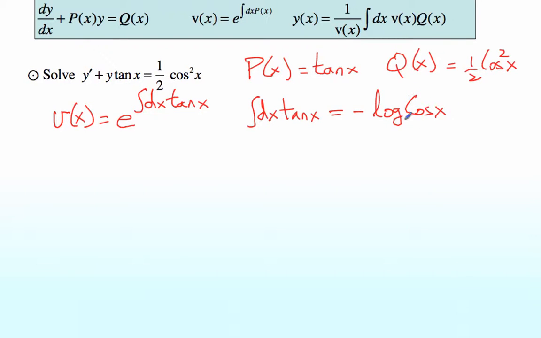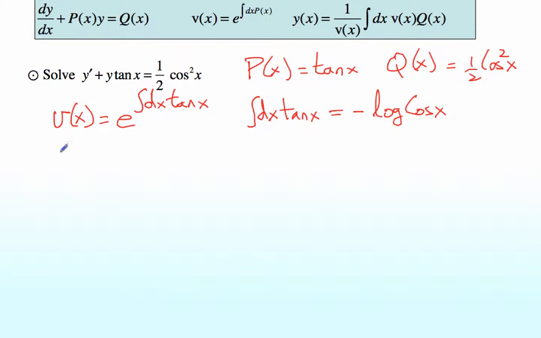Why is that so? Because if you differentiate log of cosine of x, you get 1 over cosine of x, and then when you differentiate cosine of x, you get minus sine of x, so the minuses cancel. And so log of cosine of x is the antiderivative of tan of x, minus tan of x.